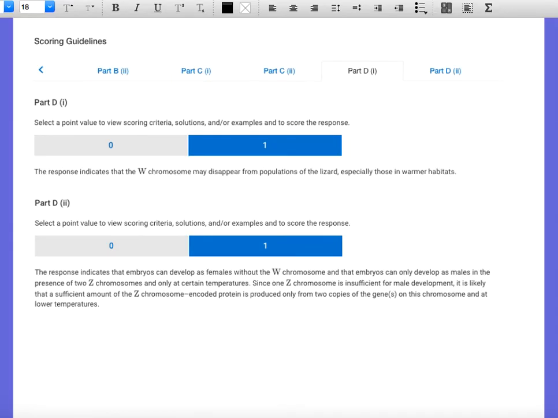Okay, so then D, W chromosome may disappear from populations, especially those in warmer habitats, because there will be more ZZF females. And the response indicates that embryos can develop as females without the W chromosome, and embryos can only develop as males in the presence of two Z chromosomes and only at certain temperatures. Since one Z chromosome is insufficient for male development, it is likely that a sufficient amount of the Z chromosome encoded protein is only produced from two copies of the genes on this chromosome and at lower temperatures.